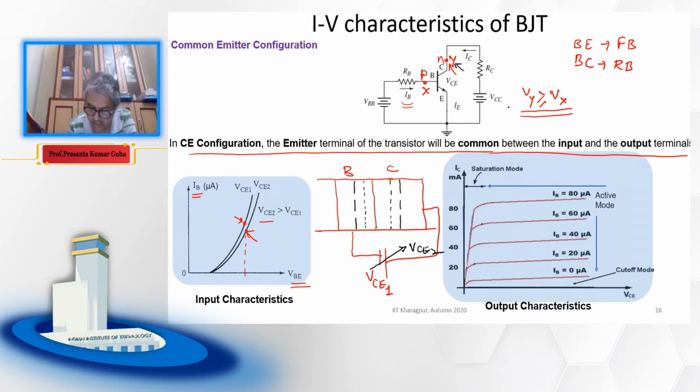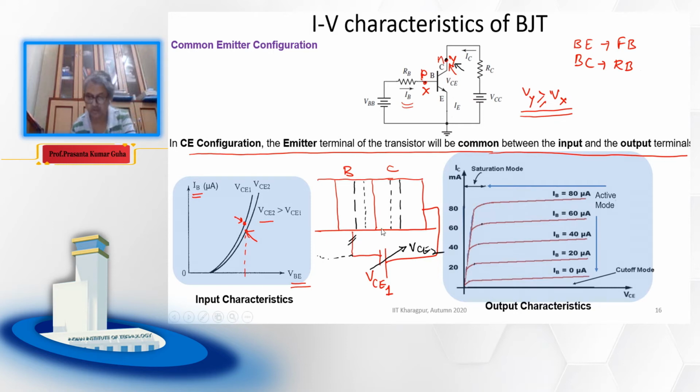What we have done is increase VCE. If we change VCE1 to VCE2, Vy will be even more than Vx, so it becomes even more reverse biased. Although I am showing it here between base and collector, this is between base and emitter.